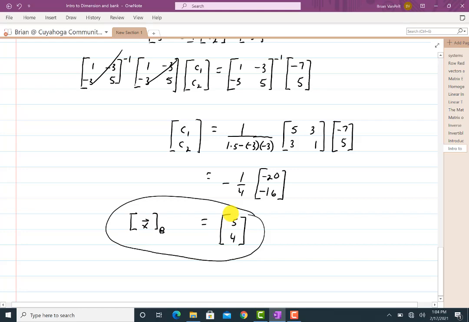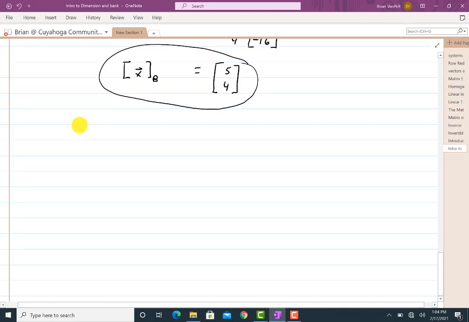Let me do another example like this one, a little more complicated, because this is the more difficult of the two methods I've shown so far: representing x as a coordinate vector in some other basis. So let's start once again with my basis.